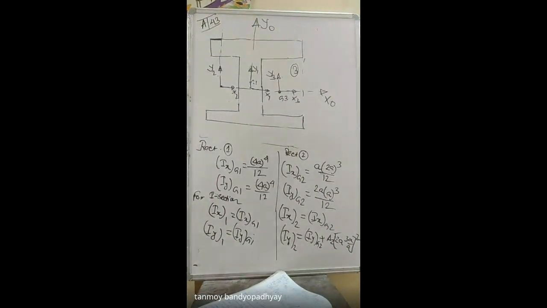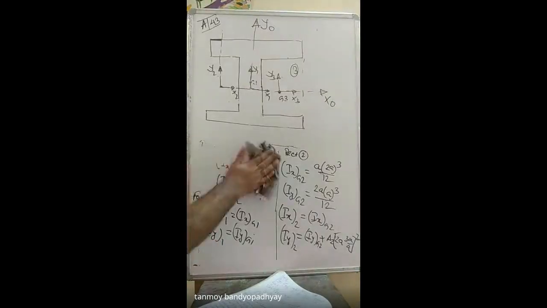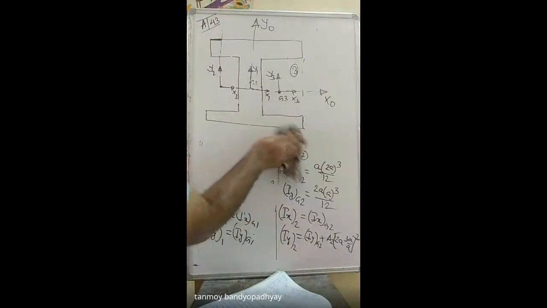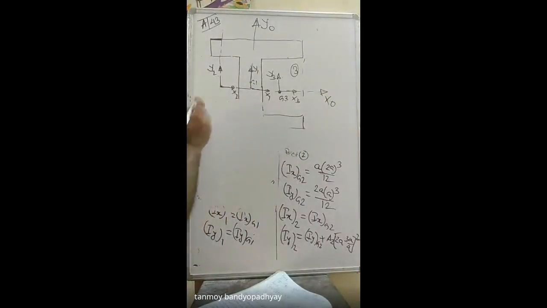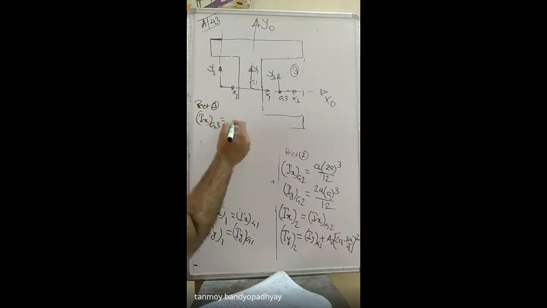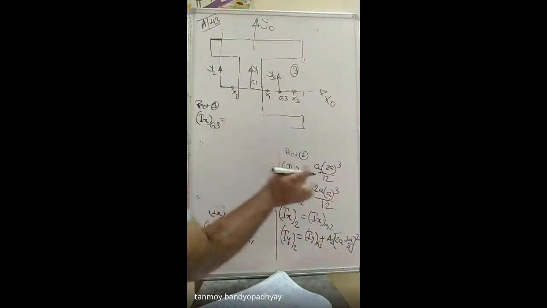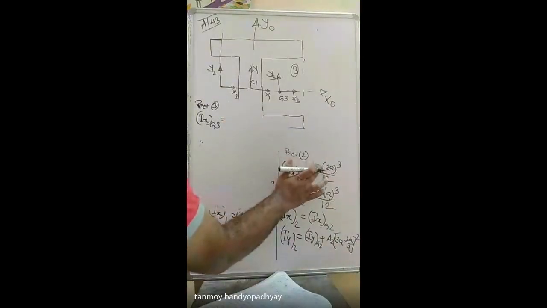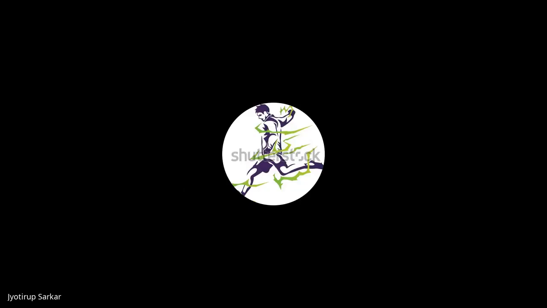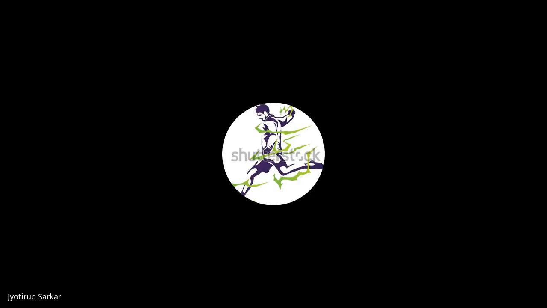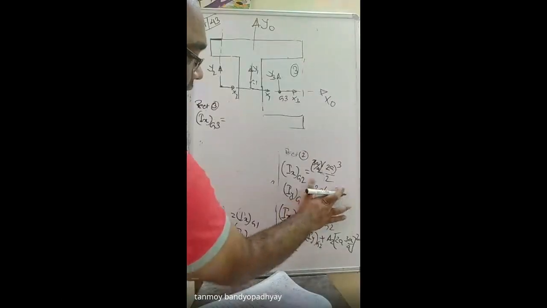আচ্ছা আর থার্ডটার জন্য এটা আমি রাখছি না, এটা মুছে ফেলছি. So for rectangle number 3, এই কোশ্চেনটা আমি সরিয়ে দিচ্ছি. So for the rectangle number 3, ixg3 that will be equal to কি হবে? Again this one bd cube by 12. So b হচ্ছে তোমার, আচ্ছা এগুলো চেঞ্জ হয়ে যাবে. হ্যাঁ, এটা কি ছিল? বেসটা এর বদলে 3a by 2 হবে, just 3a by 2. আচ্ছা এইটা তাহলে এইটা 3a by 4 হয়ে যাবে.